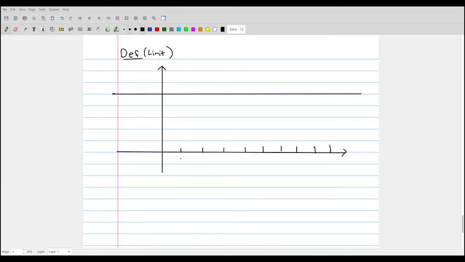Let's say we have a sequence with values 1, 2, 3, 4, 5, 6, 7, 8, 9, and so on.